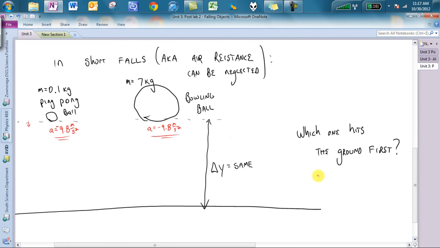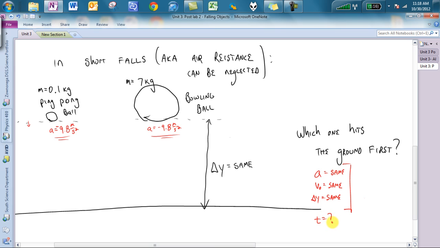And while we know that their accelerations are the same, we know that their initial velocities are the same, and we know that the delta y that they are falling is the same. And once you get three things, we can then again solve for t, the time it takes for them.